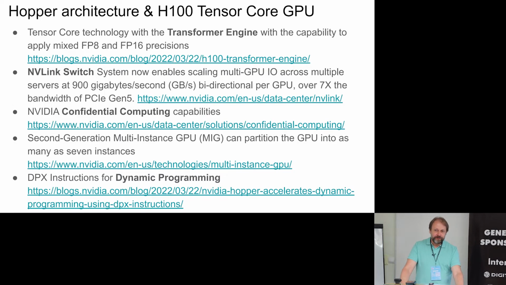Almost any new architecture brings something new and very interesting. With previous architectures, we got sparse computations that are really important for many deep learning workloads. With the latest architecture, we have several other interesting things like the transformer engine, instructions for dynamic programming, or even confidential computing. That's pretty interesting on its own, and many other things.